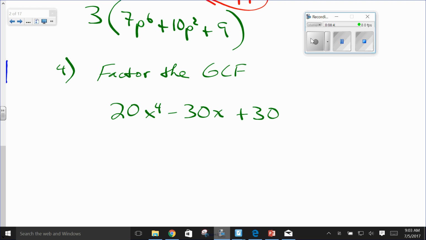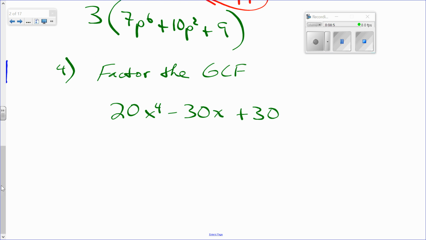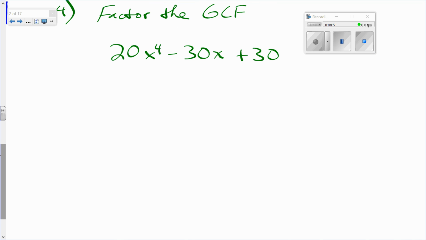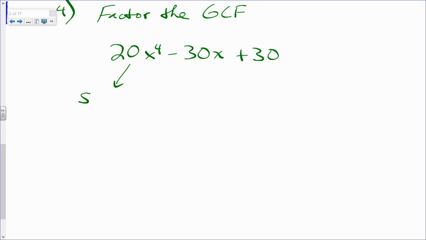All right, let's break down 20x to the 4th. So I'm going to break down 20x to the 4th as this: 5 times 4 times x times x times x times x, right?